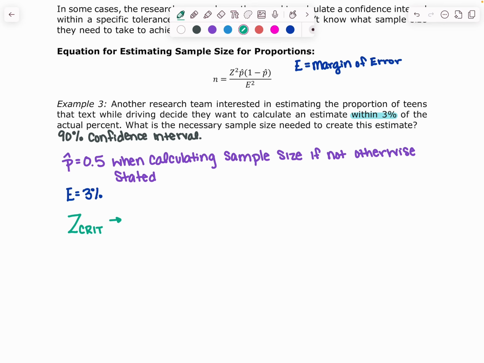If it's a 90% confidence interval, that means our alpha is 10%. So alpha over 2 is 5%. In Excel, I'm going to do norm.s.inverse of 0.05.